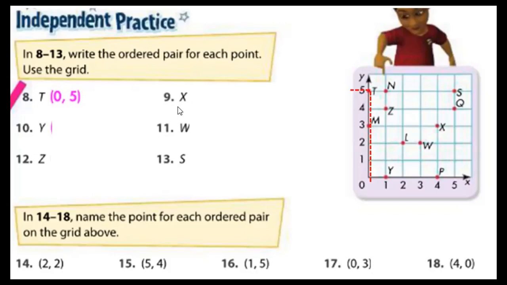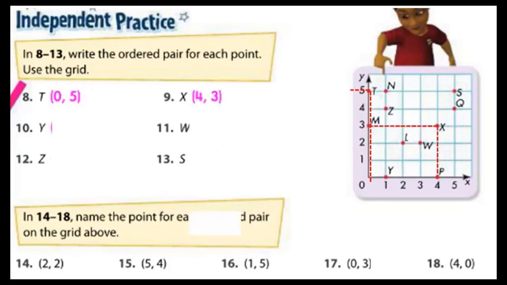The next one, number 9, represented by X. Okay, let's see. On X, 4. On Y, 3. So the ordered pair will be, I heard you all say in a correct way, 4 and 3.